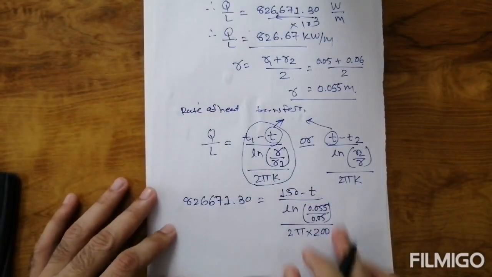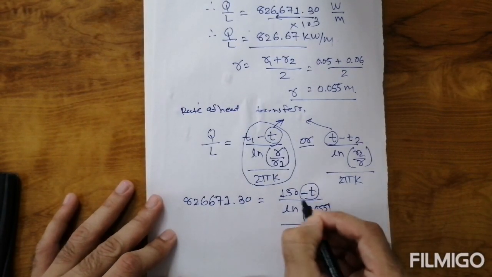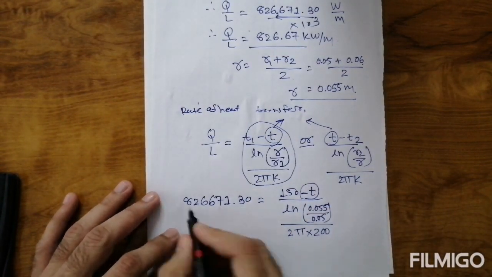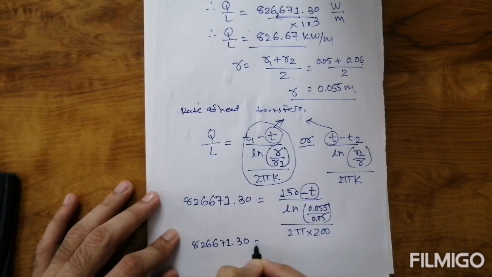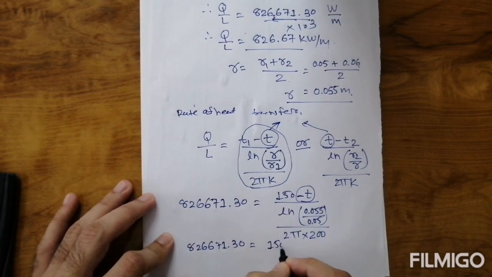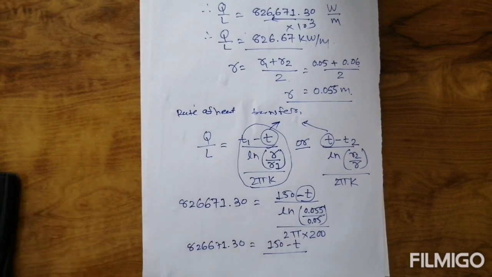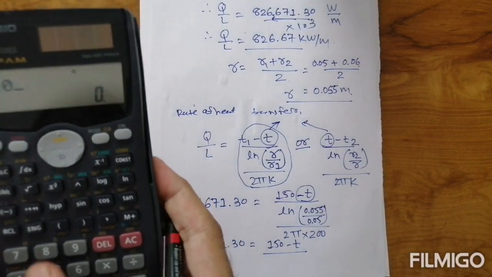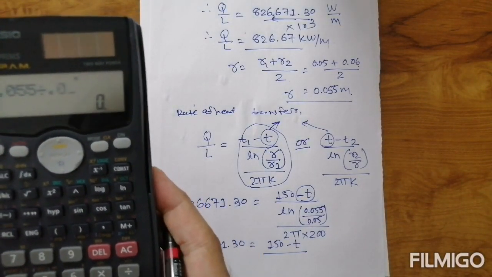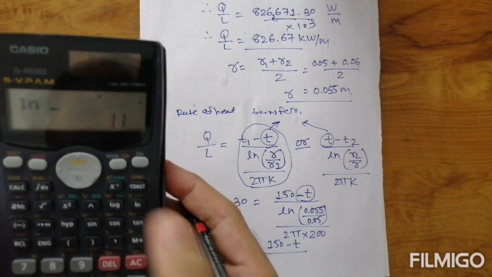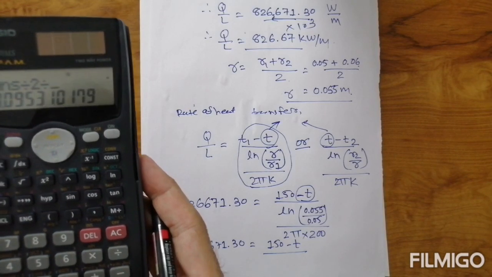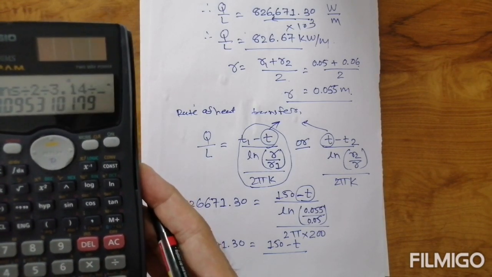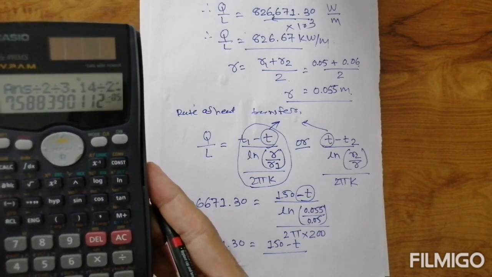Now from that equation we can find the value of T. First we find the denominator. 82667.1.3 equals 150 minus T divided by ln of 0.055 divided by 0.05, divided by 2 times 3.14 times 200.